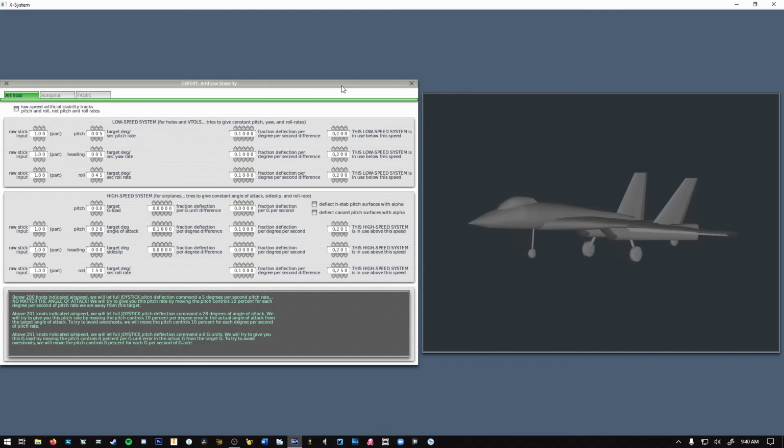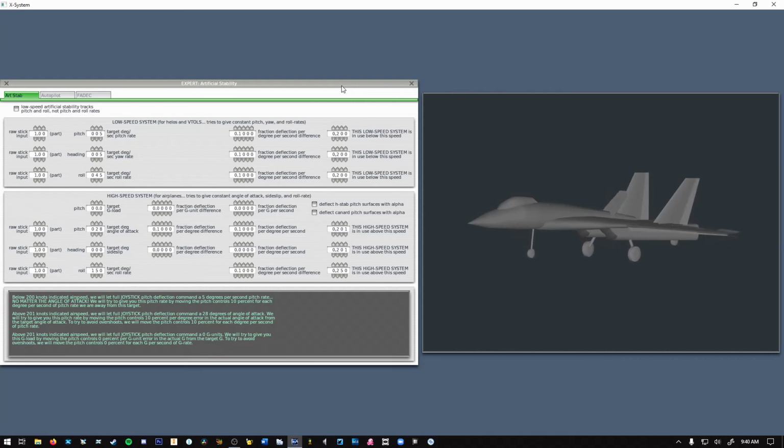So that's basically all there is to making your artificial stability system. Once you have it made, you may want to tweak the maximum commanded values just depending on how your aircraft handles, or not, really up to you. This isn't an entirely required thing as long as you have positive stability. So, yeah, it's really up to you.